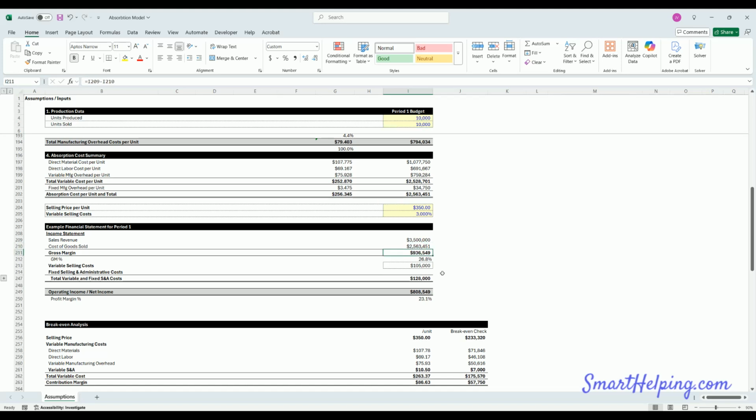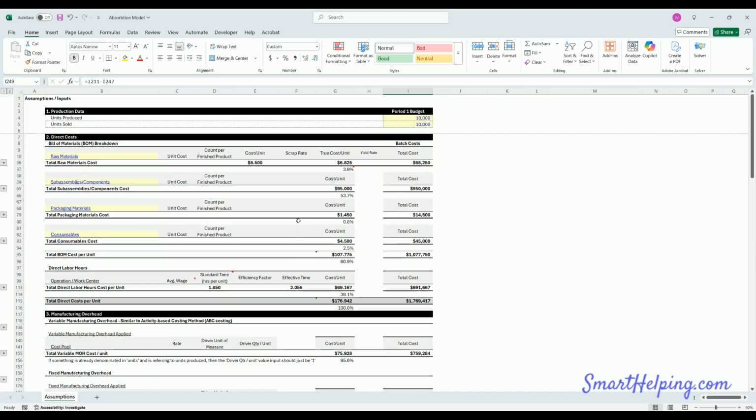Our gross profit is 936,000, a 26% margin. Now we still have the variable selling costs and the fixed costs, and then the total here we go to 128. Operating income, or net income, is $808,000, a 23% margin. This is pre-tax, and that's a good spot to start.